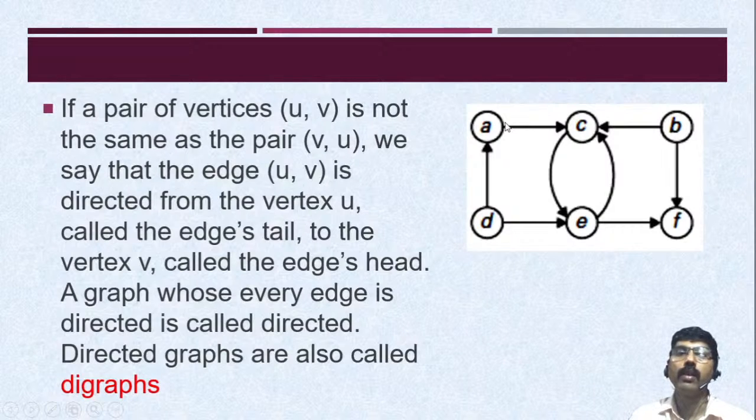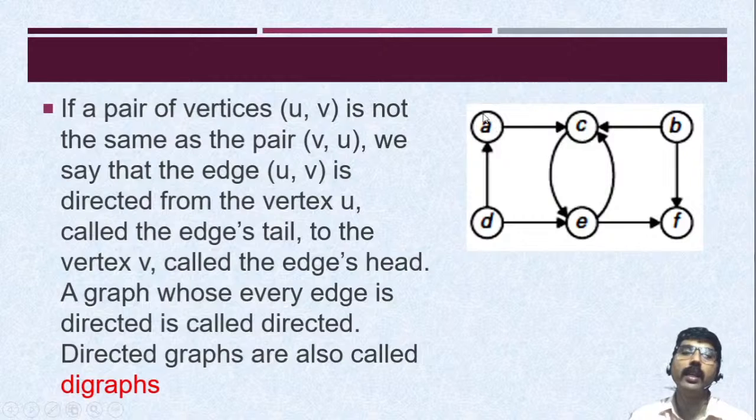This part is called the tail, and this part is called the head. In a simple way, if A is one city and C is another city, and there is a path between A and C, I can travel only from A to C using this path. I cannot go backwards. Such a concept applies here.